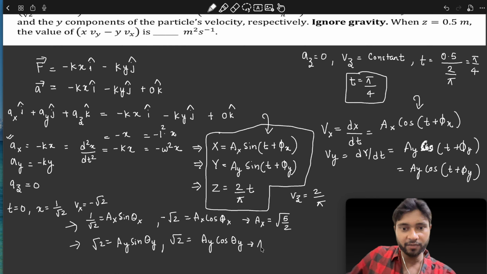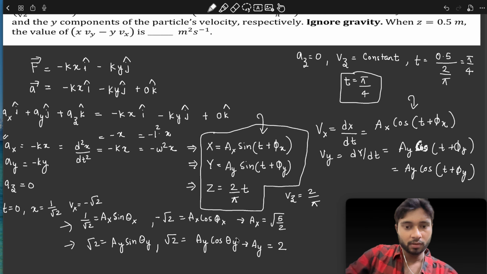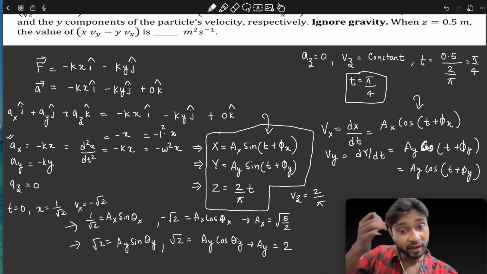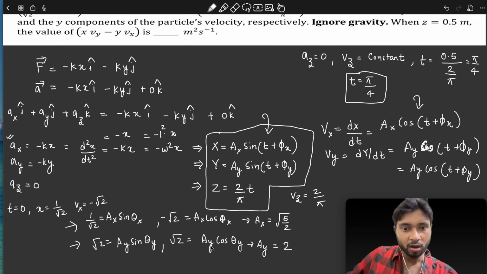So ay will be 2. If ay is 2, it means cos phi y is 1 by root 2 and sin phi y is 1 by root 2. So we can say phi y is nothing but pi by 4.